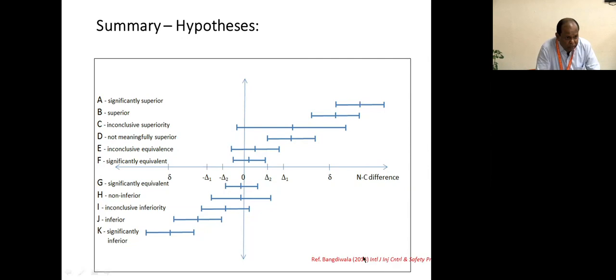So I would ask you to remember the 12 lines. Just ask whether you have fixed your margin; for non-inferiority, whether the lower limit exceeded it; for superiority, whether it exceeded 0, not including 0; and for equivalence, whether it falls between the two limits.